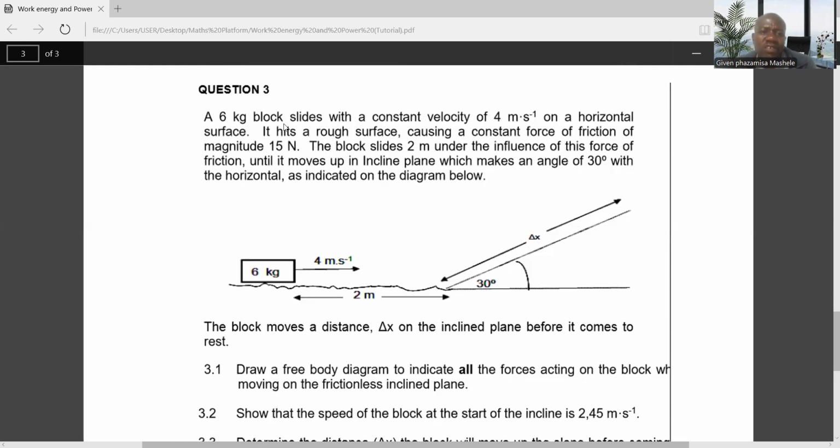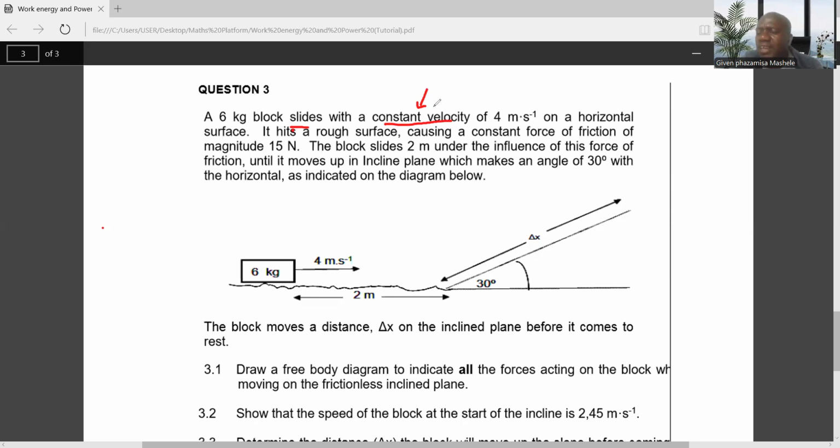A 6 kg block slides with a constant velocity, and this is very important. These are very important questions, guys. When they say constant velocity, what does that mean?